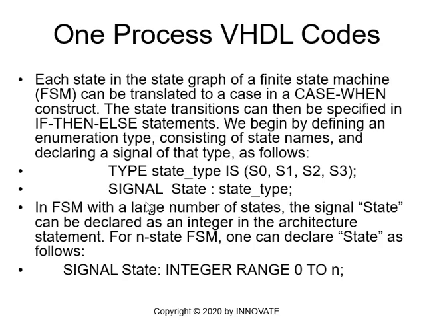In an FSM with a large number of states, the signal state can be declared as an integer. In the architecture statement for an n-state FSM, one can declare: signal state, integer in the range 0 to n, where n is the maximum number of states.